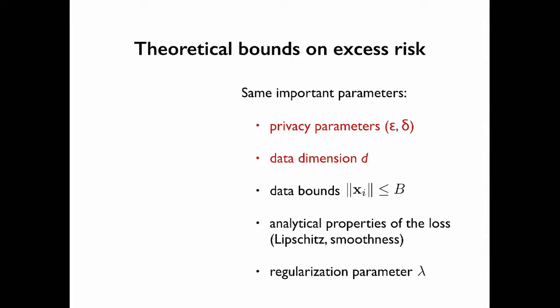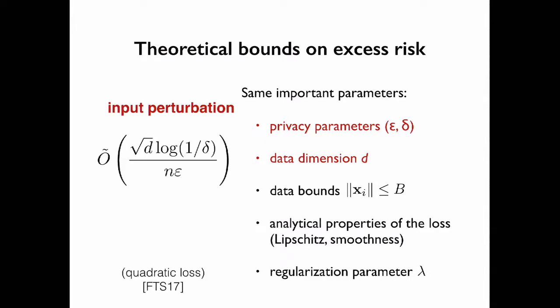But I'm really just going to talk about dimension and privacy parameters just to illustrate the kind of results that one can get. So if I look at input perturbation, in epsilon delta, so that's approximate differential privacy, you can see that it's effectively like your sample size has been decreased by a factor of epsilon. This is true for epsilon less than 1.